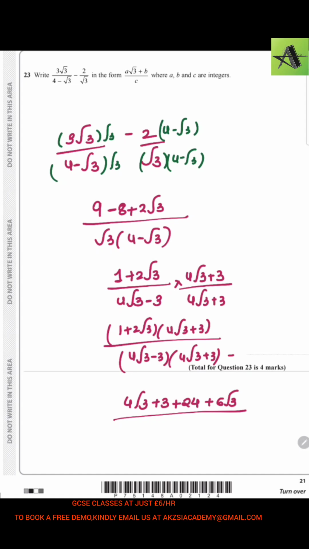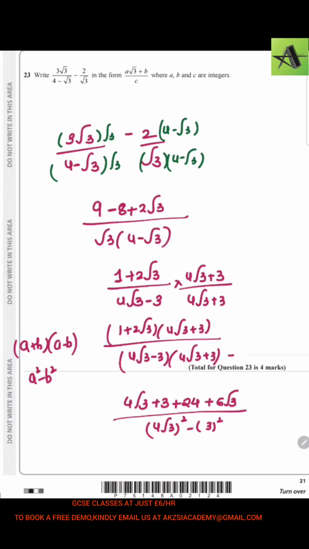You can expand it how we expand any double brackets, but there's a short trick. If it's a plus b times a minus b, that means numbers are same, but one time separated by negative sign, one time separated by positive sign. Directly the answer would be a squared minus b squared, which means 4 root 3 whole squared minus 3 whole squared.